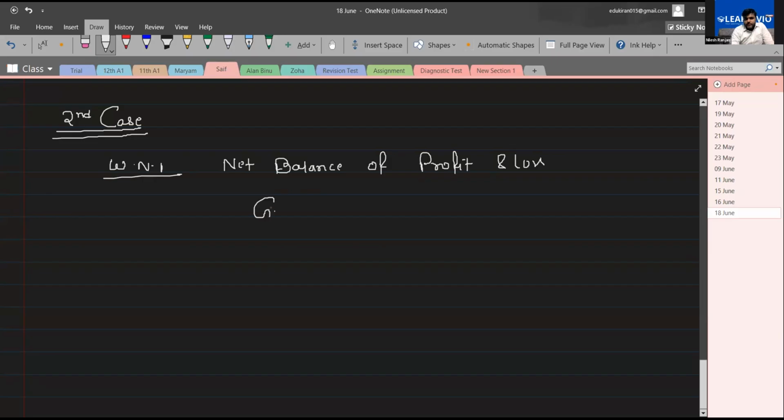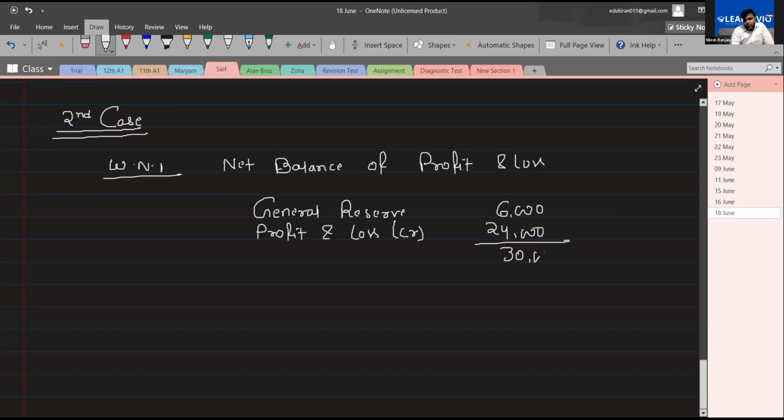So general reserve is 6,000. Profit and loss credit balance is 24,000. So total 30,000. These two are profit minus advertisement suspense. It is a loss.